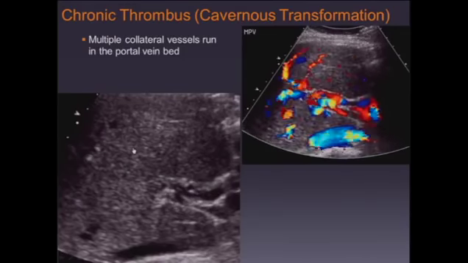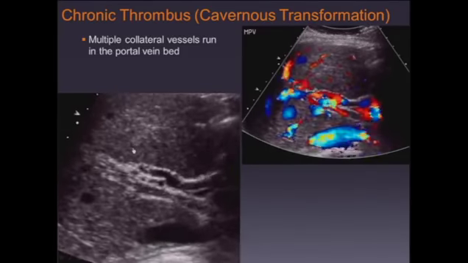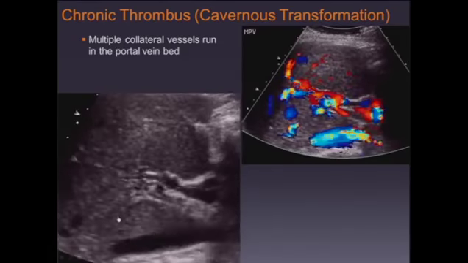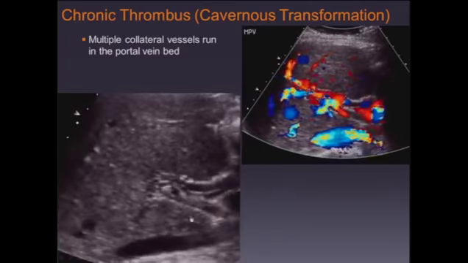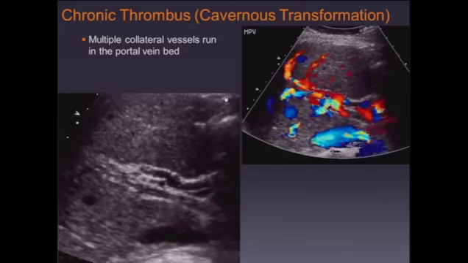Eventually, as the thrombus evolves, it becomes chronic, and the thrombosed portal vein becomes more echogenic. Multiple collateral vessels then develop and run in the bed of the thrombosed portal vein. And this appearance is known as chronic thrombus or cavernous transformation of the portal vein.